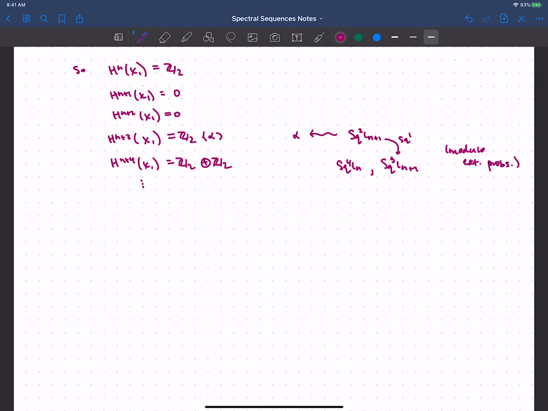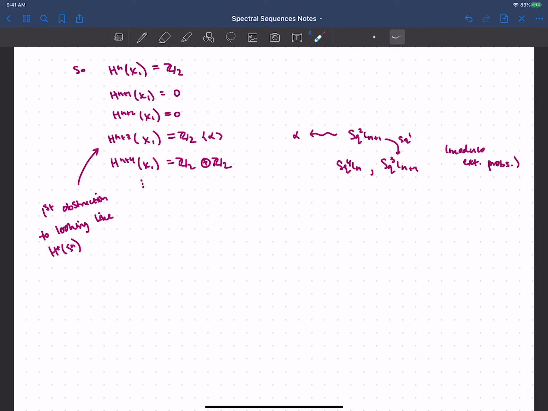So this H^(n+3) is really our first obstruction to this looking like the cohomology of S^n. Okay. And so the game that we play is essentially to kill off these obstructions.